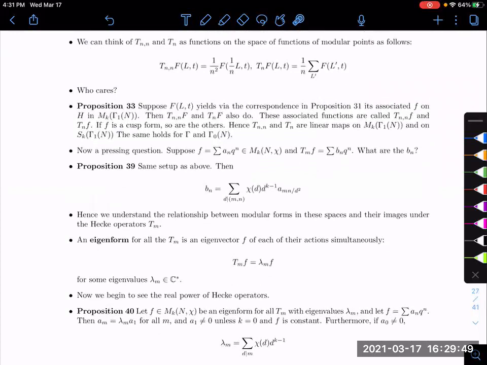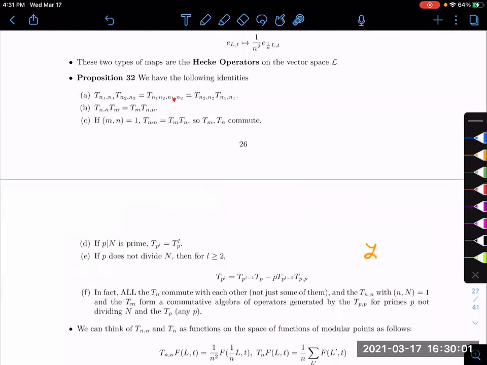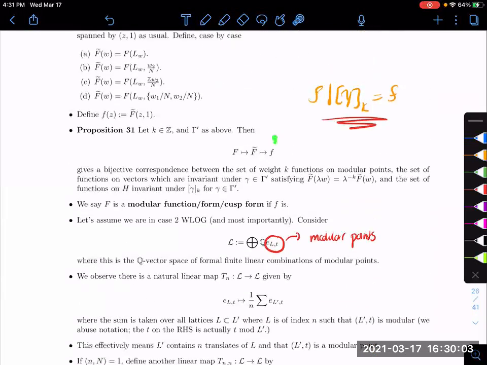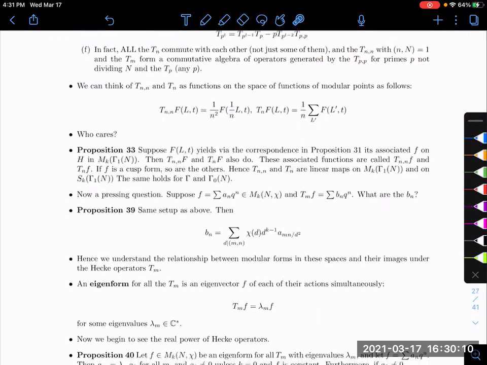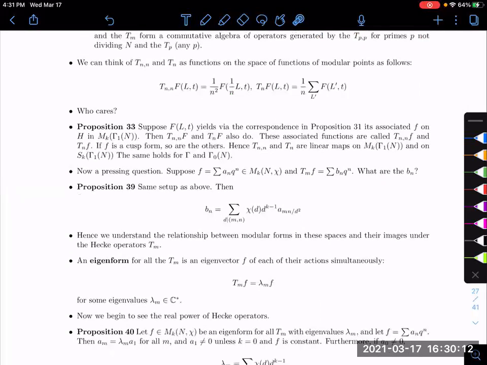And so here are some nice facts about Hecke operators. Let's suppose I have a function on the space of modular points, and let me consider this correspondence up here, where I am sending that function to little f. Here's the first idea.